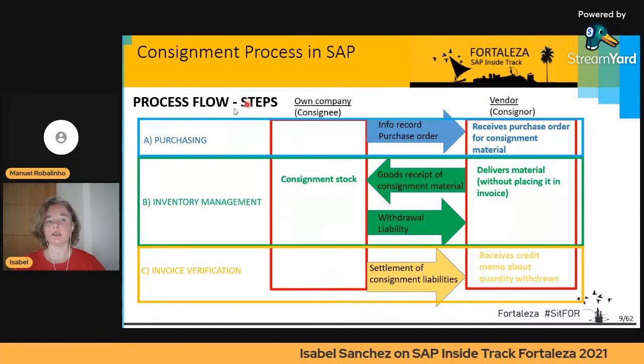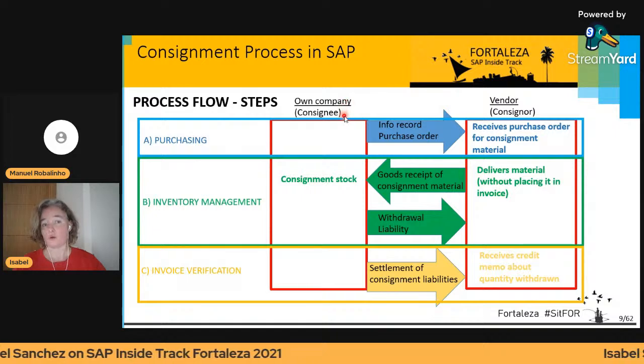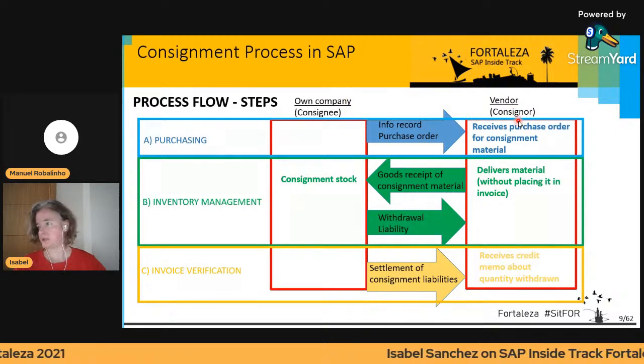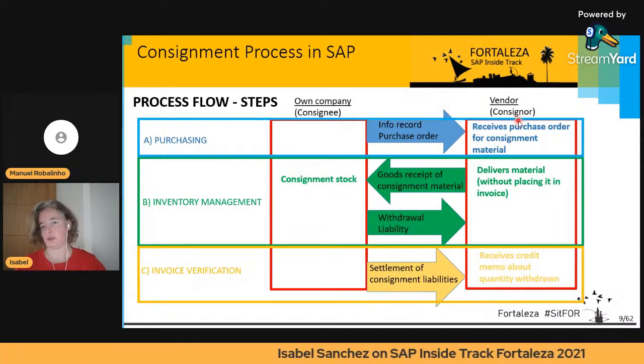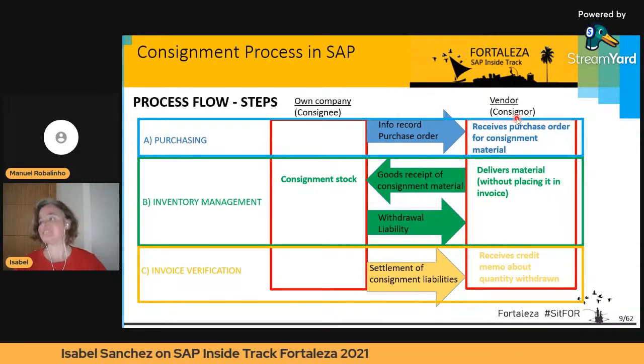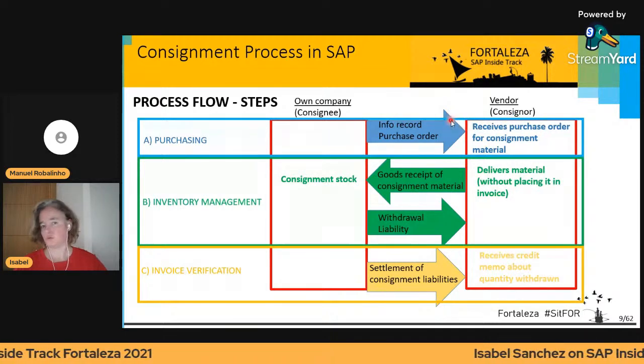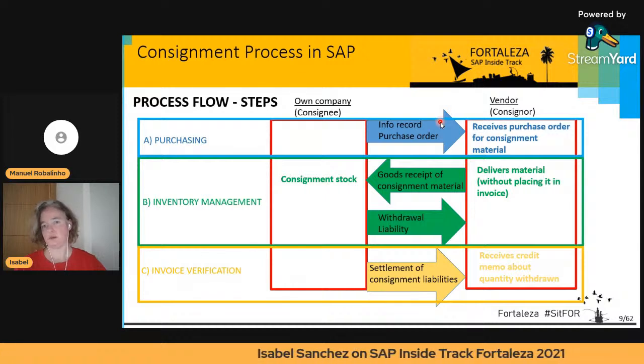And here is the process flow and the steps. Our own company is the consignee and the vendor is the consignor. The consignor is the company or individual who sends the goods to be sold by a third party.